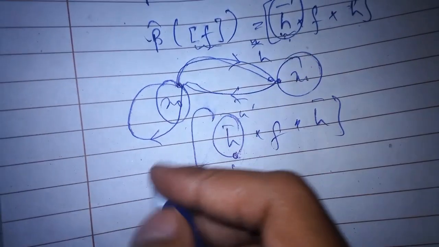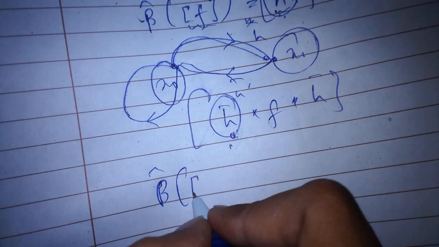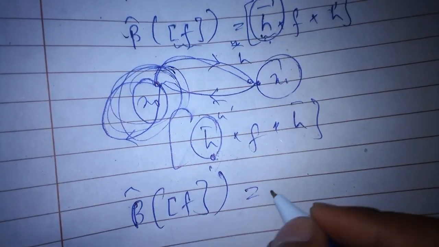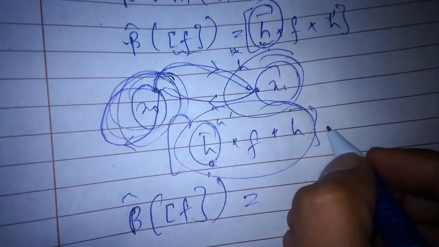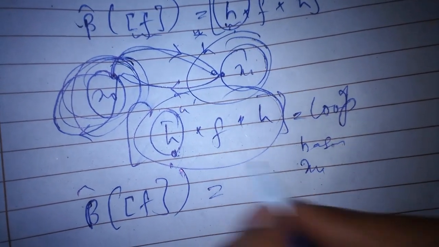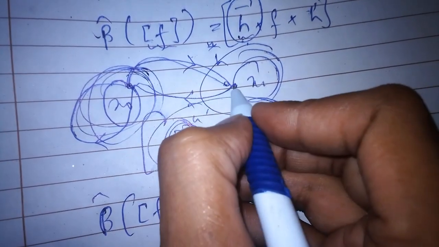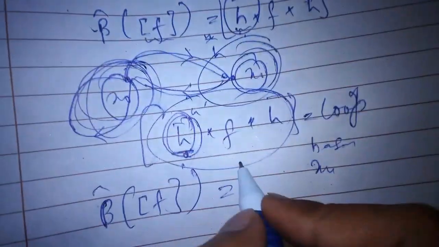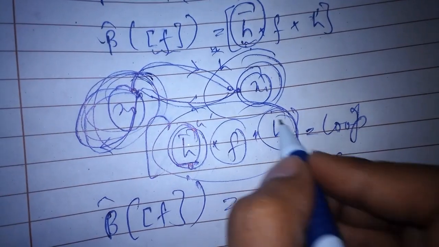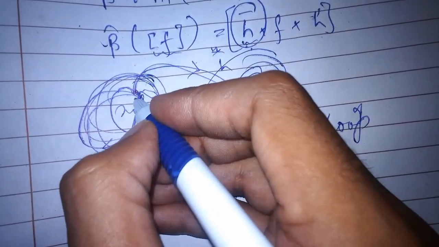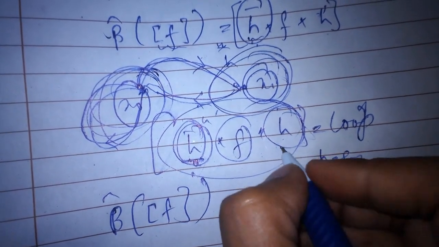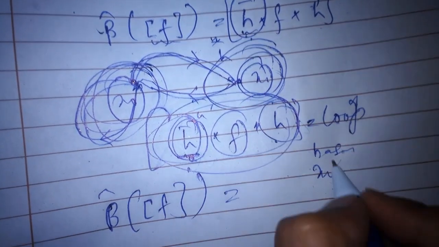So if we substitute a loop from this, we will get a loop at base point x1, because starting with h bar from x1 to x0, then the loop f from x0 to x0, then h is a path from x0 to x1. Starting from x1 and ending at x1, this is a loop at base point x1.